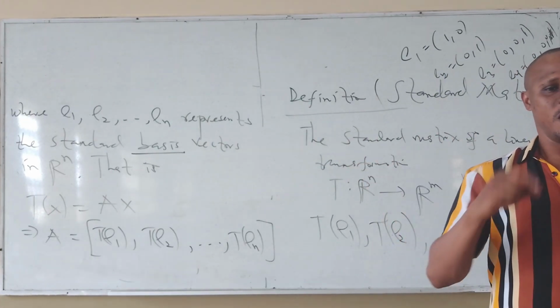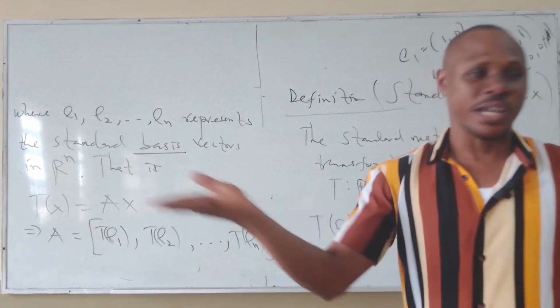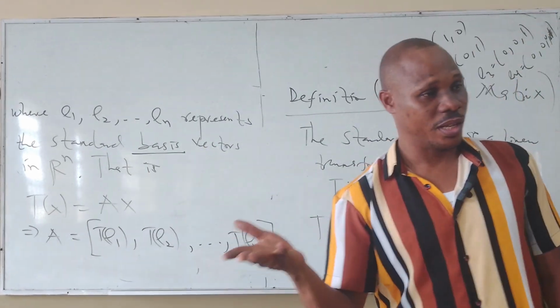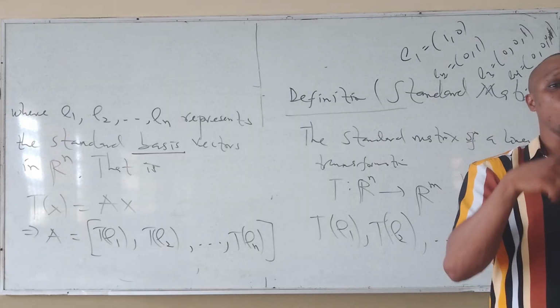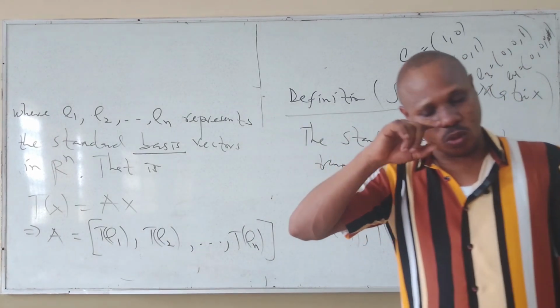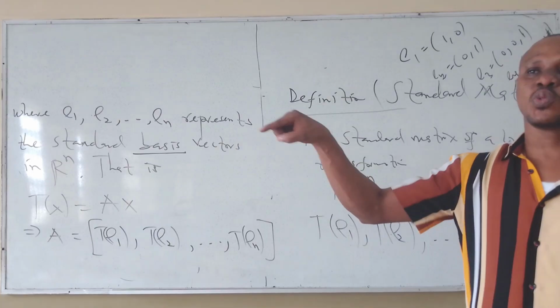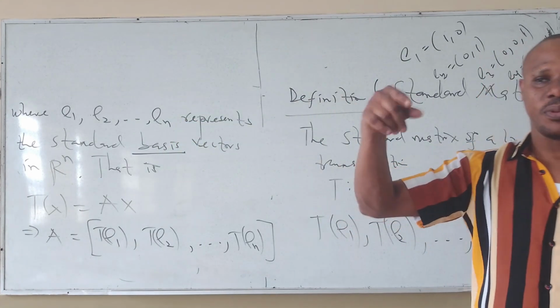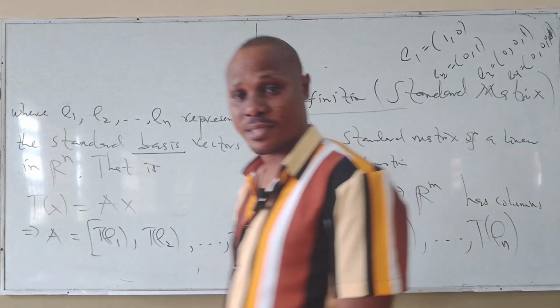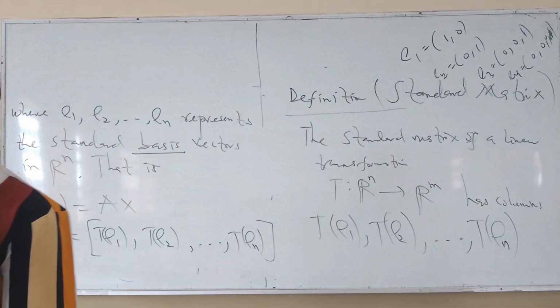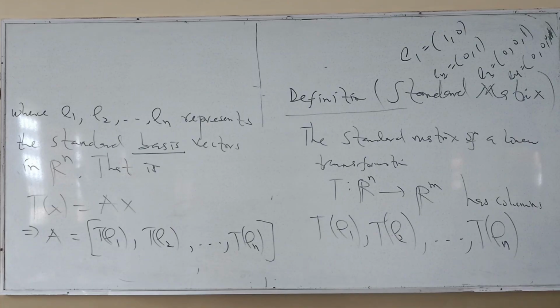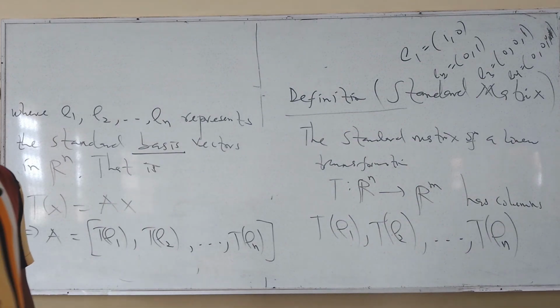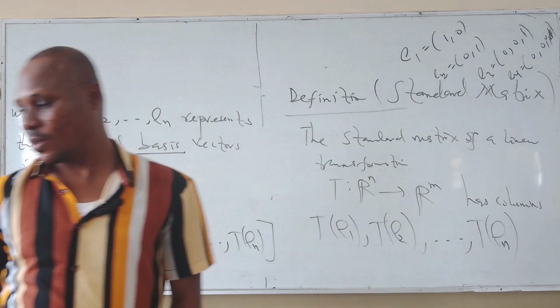It means that first of all, e1, e2, e3 should be linearly independent. Second, if I pick, let's say, e1, it should be expressible as alpha e2 plus beta e3. That means they are linear combinations, right? If you pick e2, you're able to write it as a linear combination of e1 and e3. That's it. Once you satisfy these two conditions, then you say the vectors form a basis.